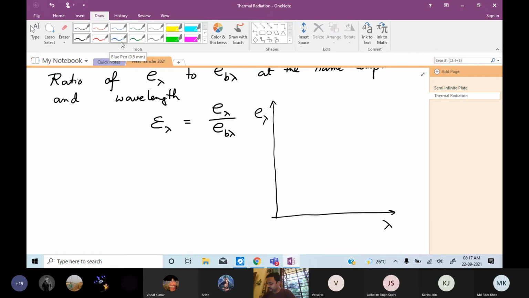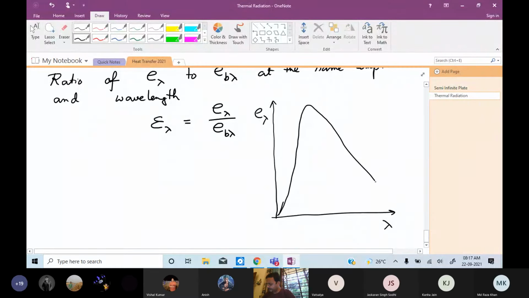For a black surface, let us say this is how it is, and for the real surface at the same temperature, let us say this is how it goes.